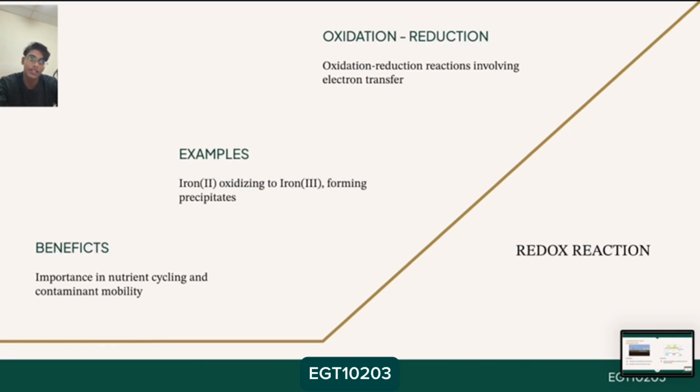Here's an example. Iron in groundwater often exists as ferrum 2+ (Fe2+), in a soluble form. But when it encounters oxygen, it oxidizes into ferrum 3+ (Fe3+), forming insoluble iron oxides. So those reddish or orange particles you sometimes see in streams or well water might be them.